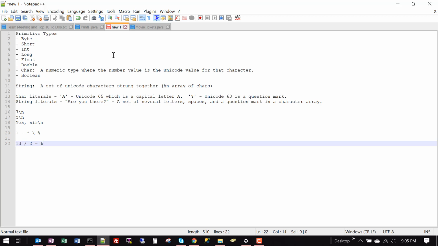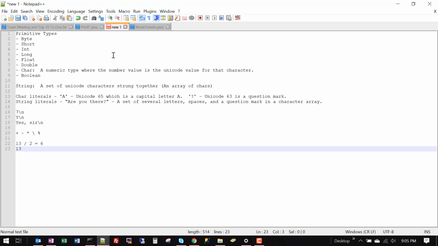If we do it as floating point division, 13.0 divided by 2.0, we get 6.5.